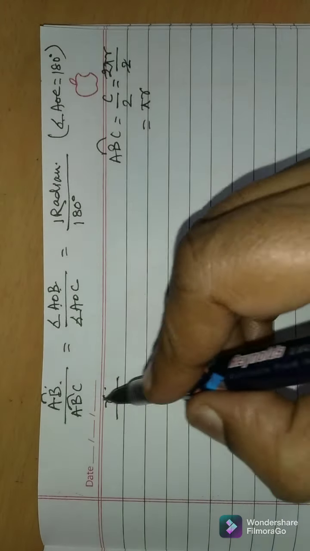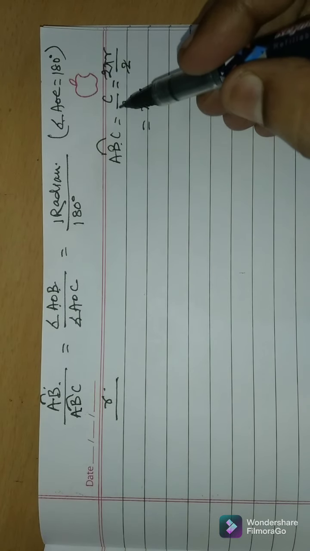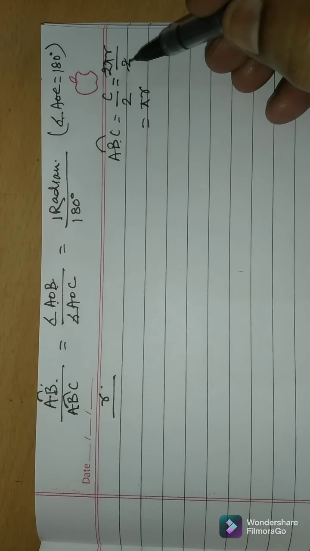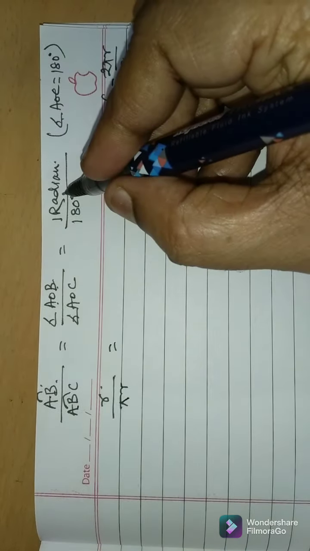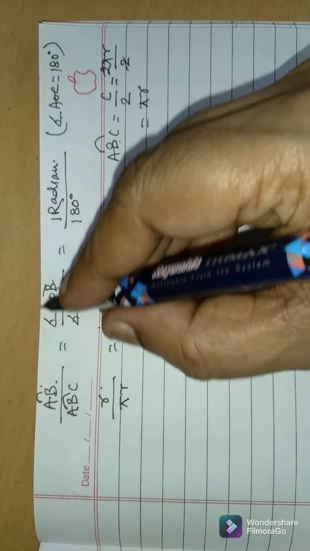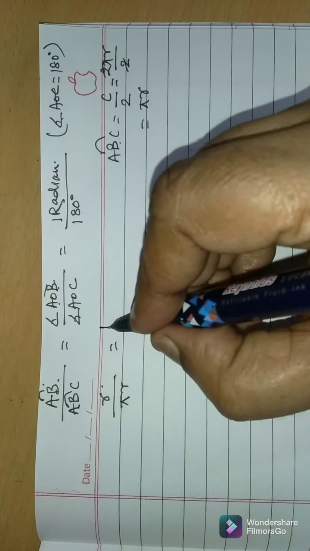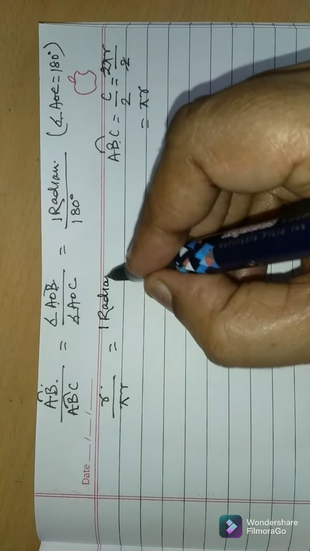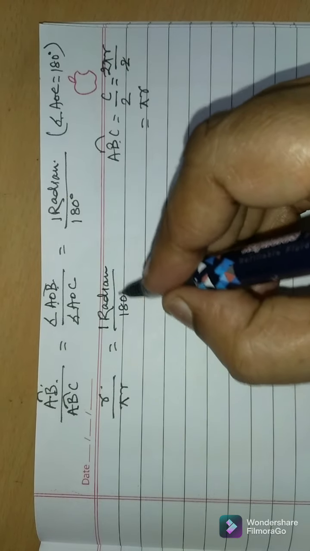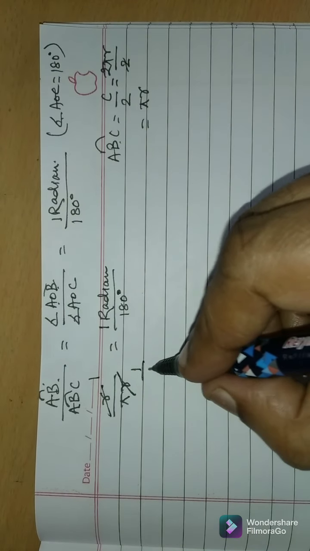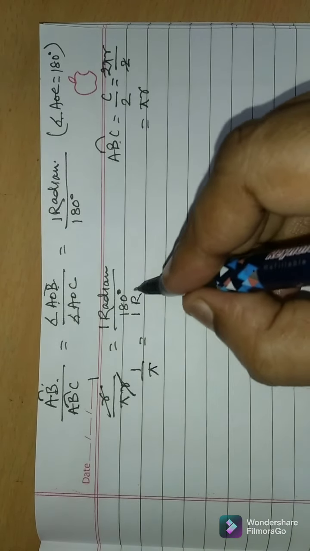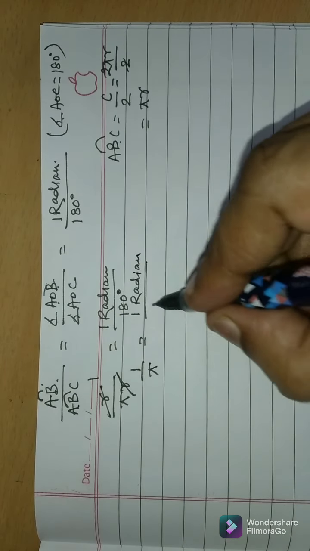So in place of this, see here AB is equal to r, and arc length ABC is equal to 2 pi r divided by 2, which is equal to pi r. So it is pi r, and now here 1 radian, because from the definition, angle AOB is equal to 1 radian, divided by 180 degree. So here r will cancel, so 1 upon pi is equal to 1 radian upon 180 degree.